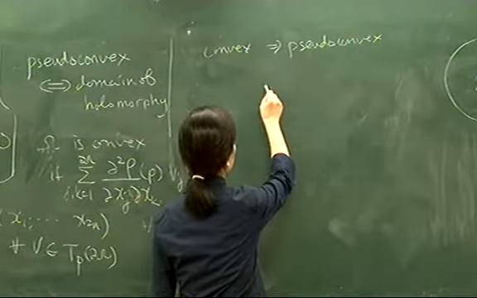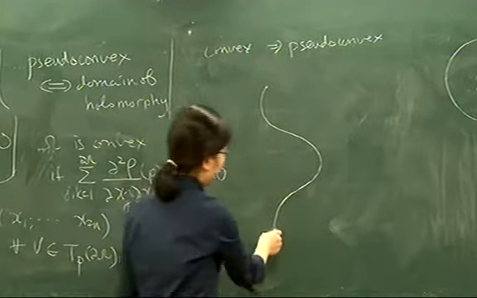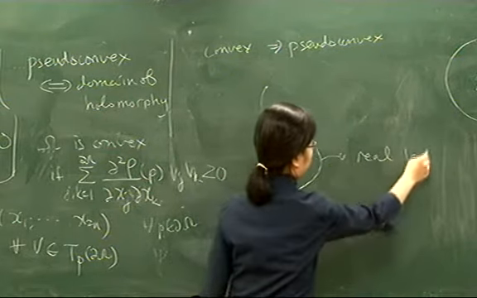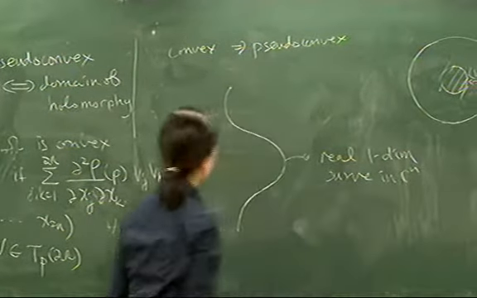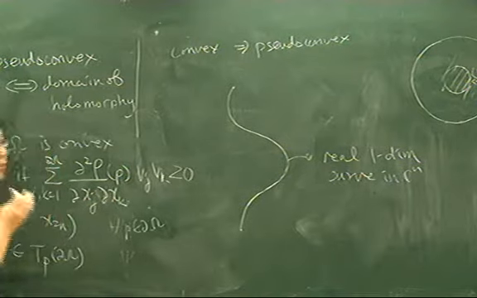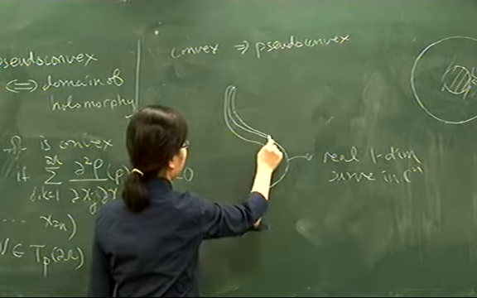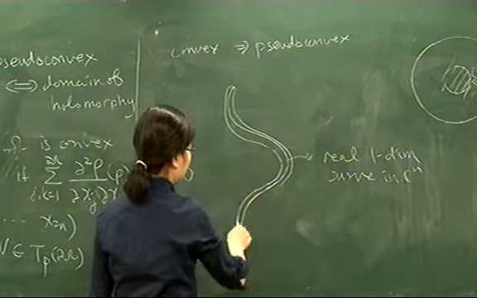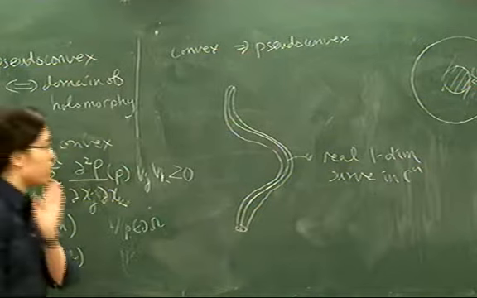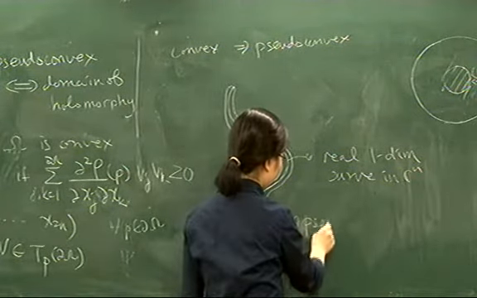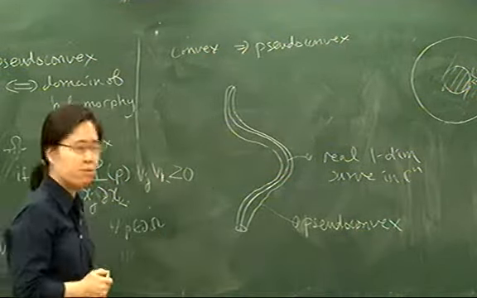If you look at any real one-dimensional curve in C^n, and if you fatten this curve a little bit, like this, then it is pseudo-convex, but it is not necessarily convex.